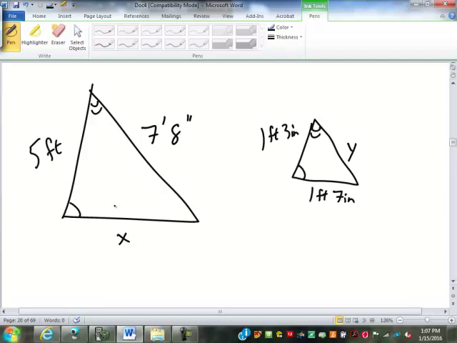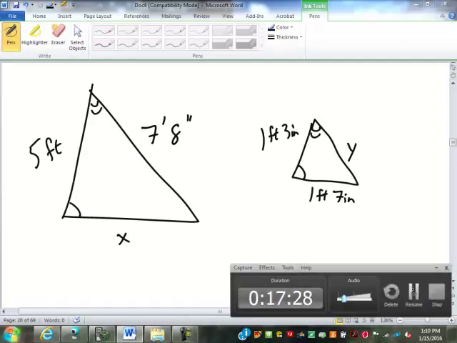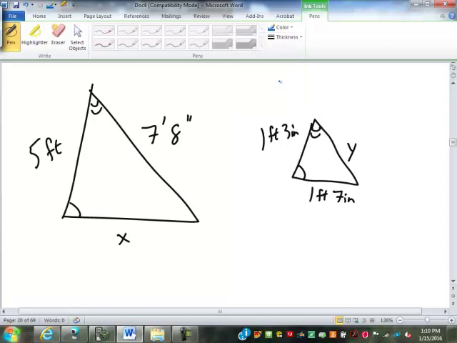Find X and Y in that one quick. What'd you guys do to get this to work out?